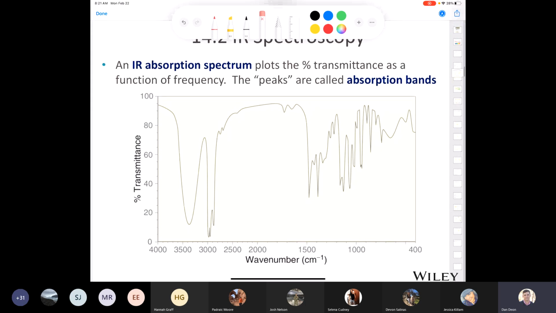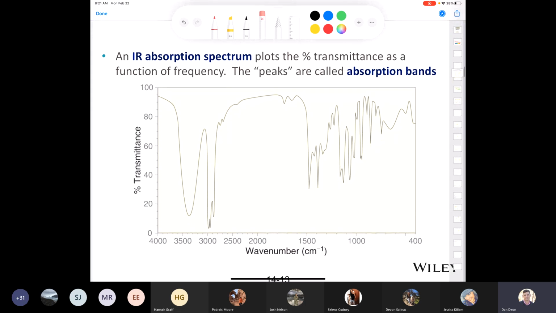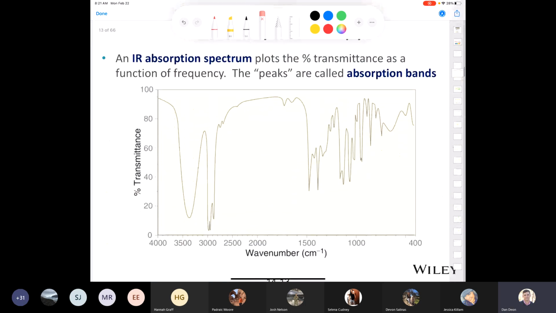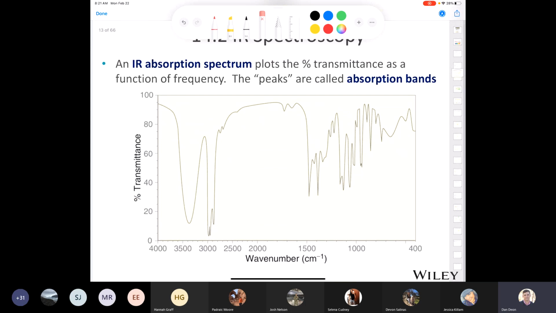Anyhow, so here's what an infrared spectrum looks like. We have a plot of the percent transmittance as a function of frequency. Now the frequency here says wave number, in centimeters to the minus one. I'm going to talk about that on the next slide, but I want to talk about the percent transmittance or the absorption first.